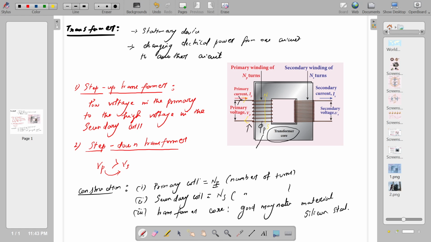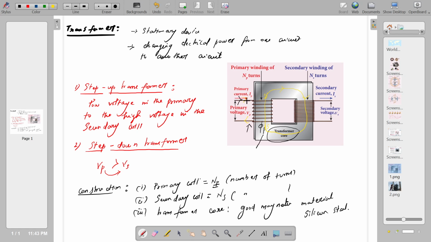So the flux will look like that. In general, it will be at the center of the circular turns, so it will magnetize the material. The generated magnetic flux will magnetize the material, and this magnetic field will be circulating like that.